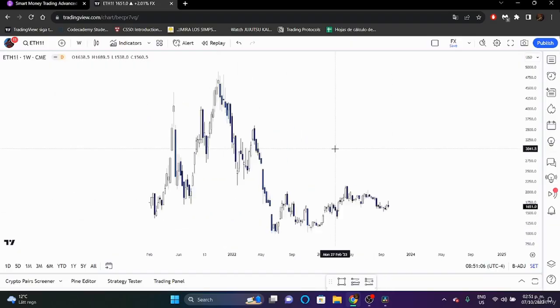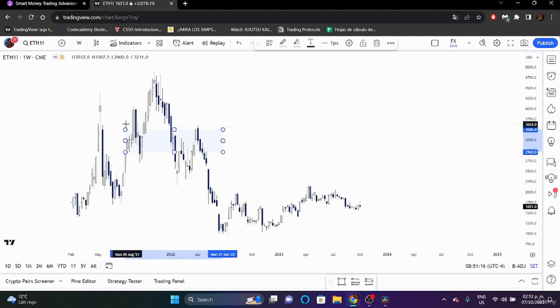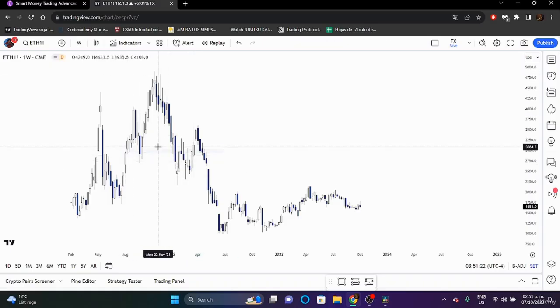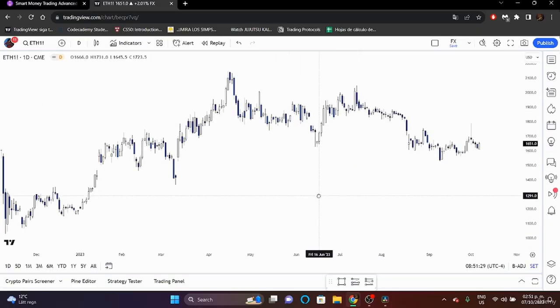But that's not the class of today. Today is for you to learn what a volume imbalance is and how it works. That's it, nothing else. Volume imbalances, you can use them as your support and resistance and look for a lower time frame entry.